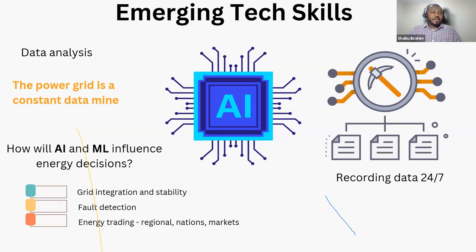So at any particular time, the grid is a data mine. It's recording data at any particular time. With the growth of AI and machine learning, how can we use this data? Because think about it, machine learning or artificial intelligence is about data, right?